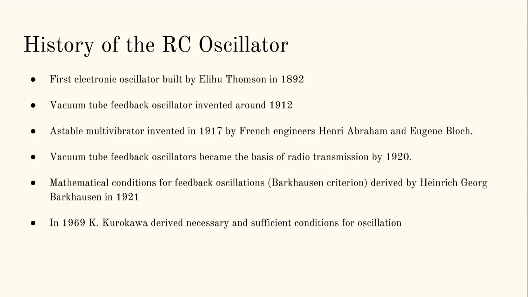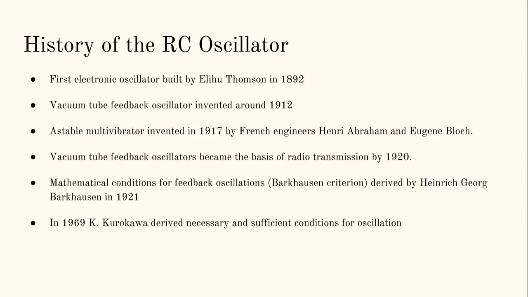So let's look at a brief history of oscillators. One of the first electronic oscillators was an oscillating arc by Elihu Thomson in 1892. The vacuum tube feedback oscillator was invented around 1912 when it was discovered that feedback could produce oscillations.